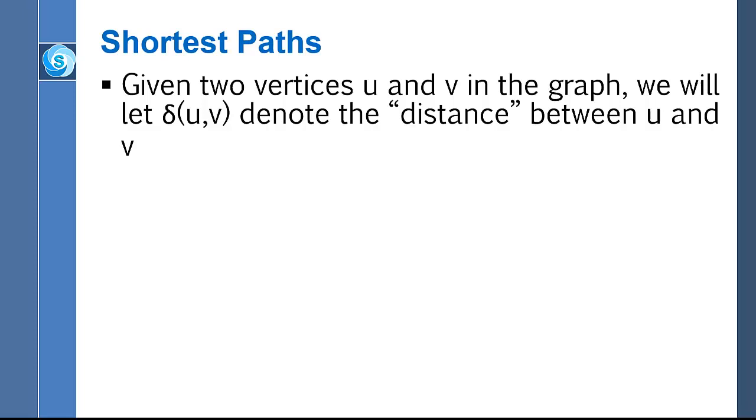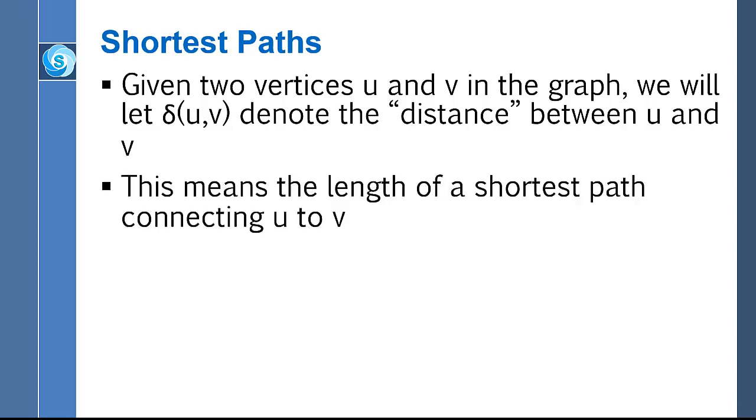Assuming that u and v are in the same connected component, the distance between u and v would be the length of a shortest possible path that connects u and v, right? So that makes sense. The notation delta(u, v) will be used to denote this distance. Again, it's the length of the shortest path that connects u and v.